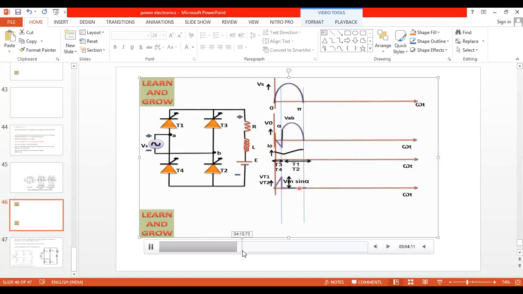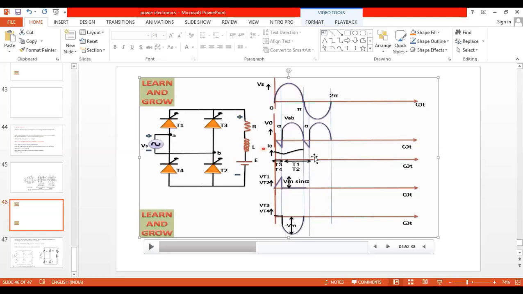These are the voltages across the SCRs. Now you can see during the negative half cycle, T3 and T4 are turned on. From omega t equal to pi to pi plus alpha, there is no conduction. All SCRs are off, because at omega t equal to pi plus alpha only SCRs T3 and T4 are turned on.